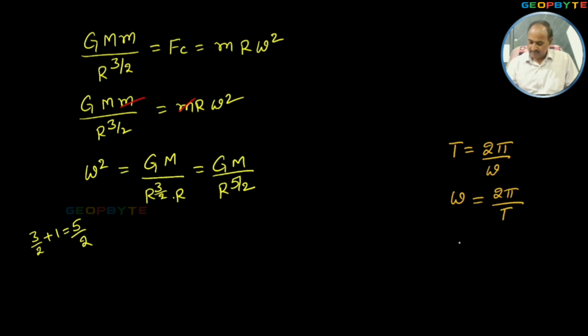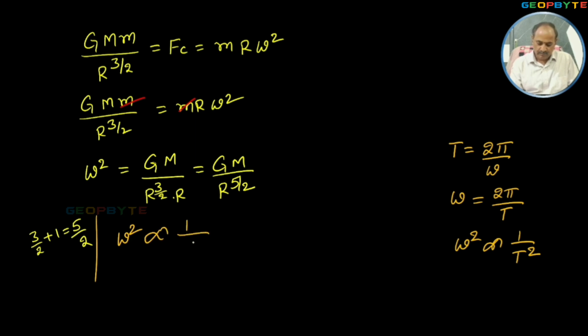Alright, from this I can conclude that omega square is proportional to 1 by square of the time period. And omega square, with G constant and capital M constant, is proportional to 1 by r power 5 by 2. Therefore, 1 by square of the time period is proportional to 1 by r power 5 by 2.